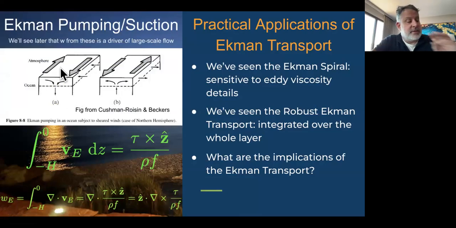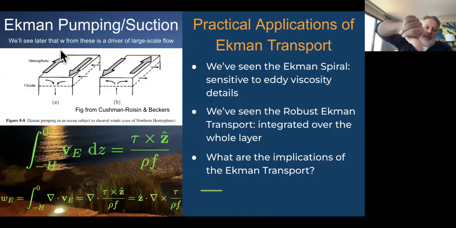And then this is the one I want to focus on today, is really the consequences of what happens when the winds change direction from place to place. So if we have this pattern of winds on the left, where you have, say, a wind going this direction next to a wind going this direction, and you wrap your fingers around, use the right hand rule and start with one arrow and then wrap your fingers around to the other arrow to take the curl of that wind stress.